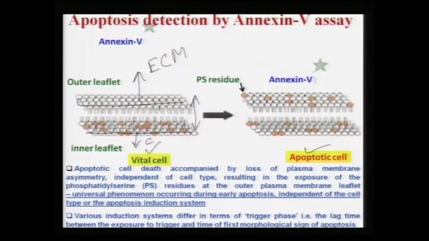Now, in this double layer structure, there are certain molecules known as phosphatidylserine, the PS molecule. These PS molecules appear here as colored molecules in this slide. Now, when the cells are live or vital, these phosphatidylserine molecules are exposed to the cytoplasm, the bottom side or inner leaflet.